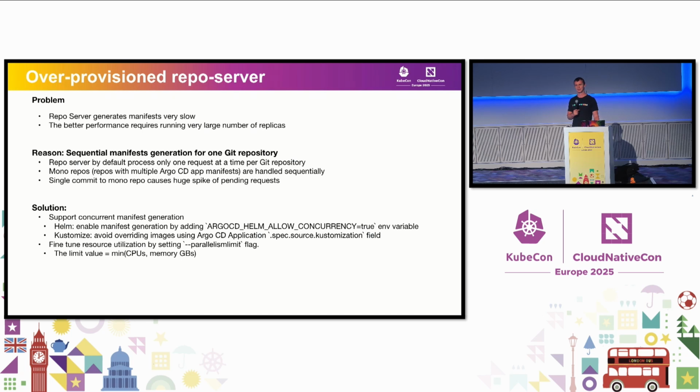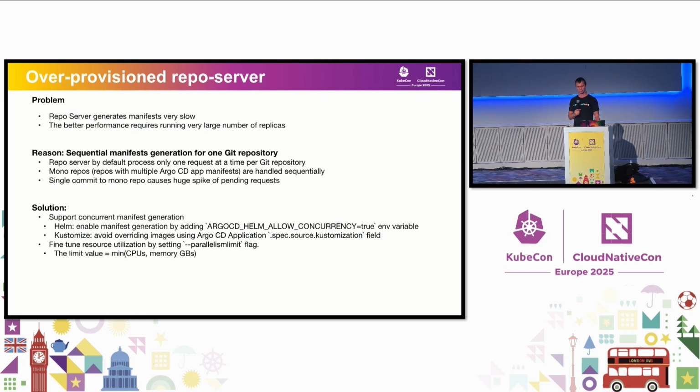So if you have a Git repository that has manifests of multiple applications, every time we make a single commit, Argo CD suddenly needs to regenerate manifests of all the applications in that repo, and it will handle every application one at a time.